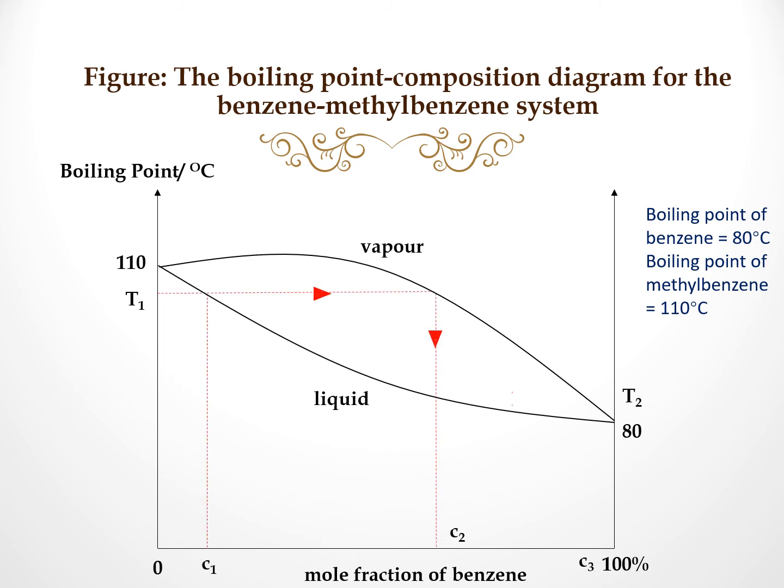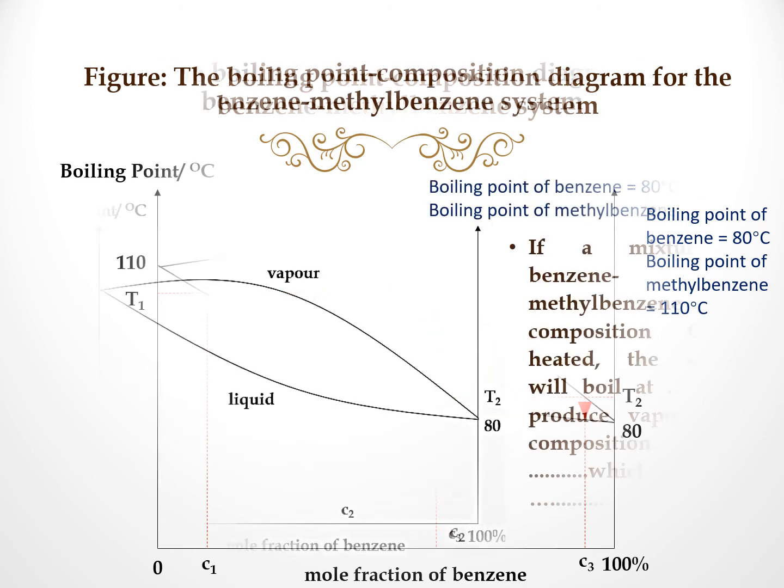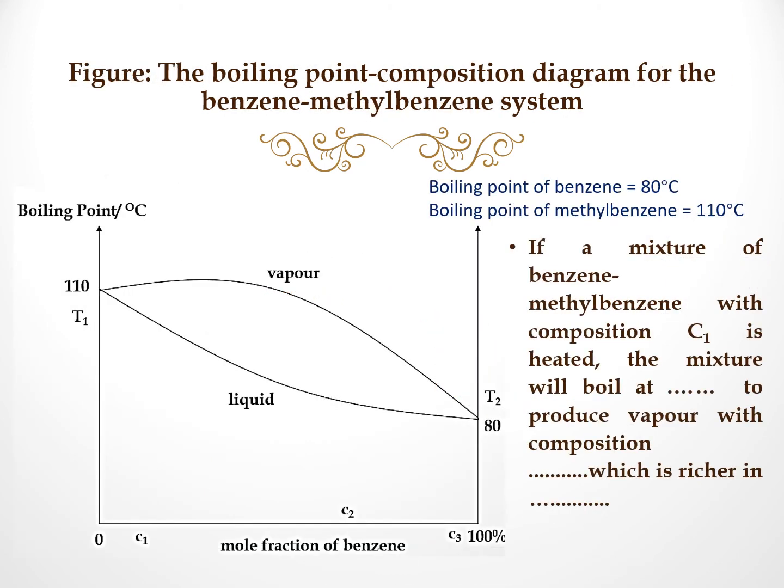So let's look at the question. If a mixture of benzene and methylbenzene with composition C1 is heated, the mixture will boil at T1. C1 heated, so this will be liquid here. Roll the line until liquid here.